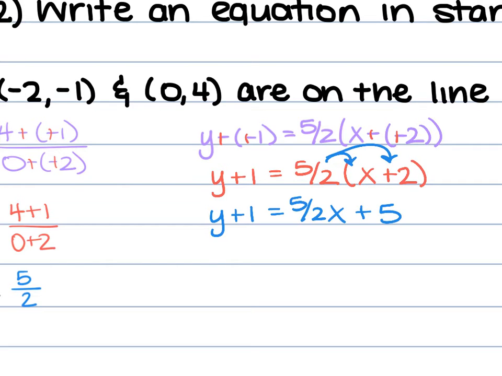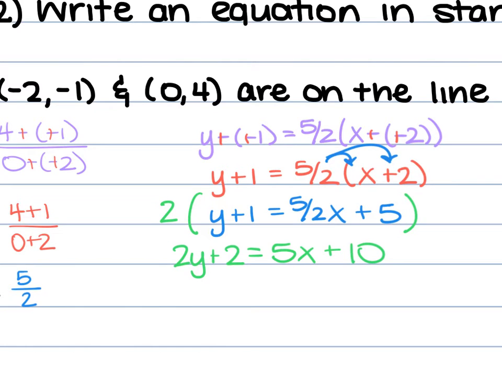We are going to get rid of that fraction. To get rid of that fraction, we are going to move the y over with it. And then we are also going to multiply the entire thing by the denominator. So we can actually start by multiplying the whole thing by the denominator. This is going to give us 2y plus 2 is equal to 5x plus 10.